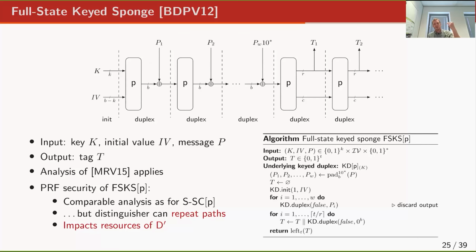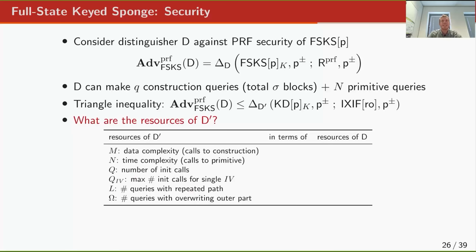The next query can be for the same P1 and a different P2. The third, same P1, different P2. Fourth query, same P1, different P2. So all follow-up keyed sponge queries can be done for the same path prefix. This means that L may be up to Q minus 1.